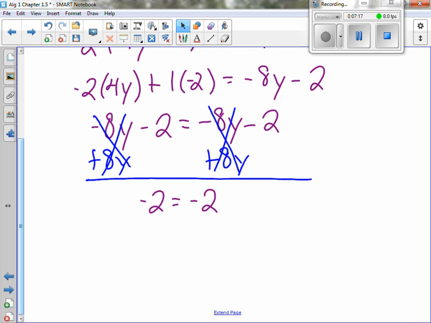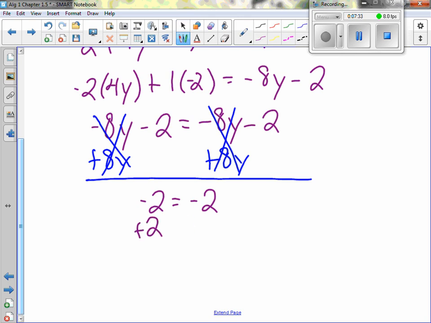Well, -2 is always -2, isn't it? There's no way -2 will not equal -2, correct? Or let's just say I added 2 to both sides, so I'm just moving it from one side to the other. Well, it just tells me 0 is equal to 0. 0 is always 0, isn't it? Is this a true statement?